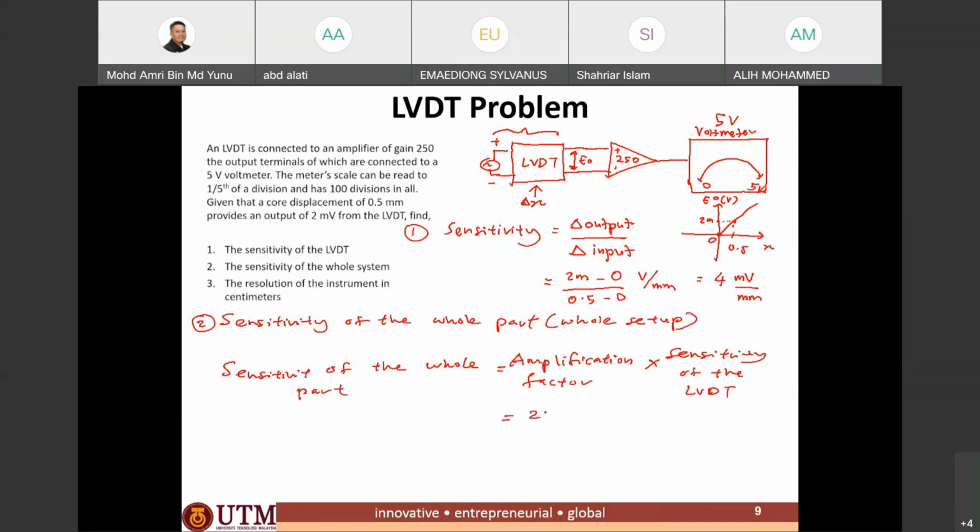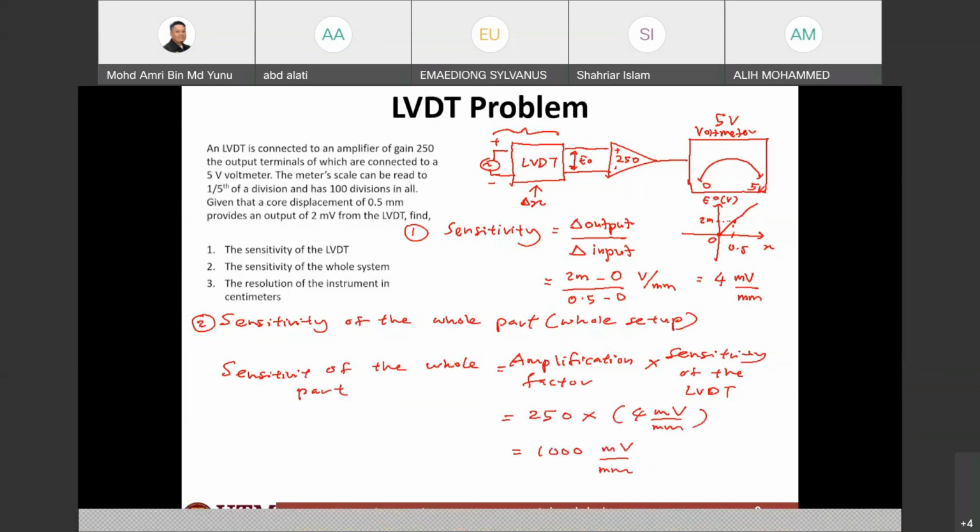Therefore, 250 multiplied by 4 millivolt per millimeter. So we get 1000 millivolt per millimeter. So that's the sensitivity of the whole system.